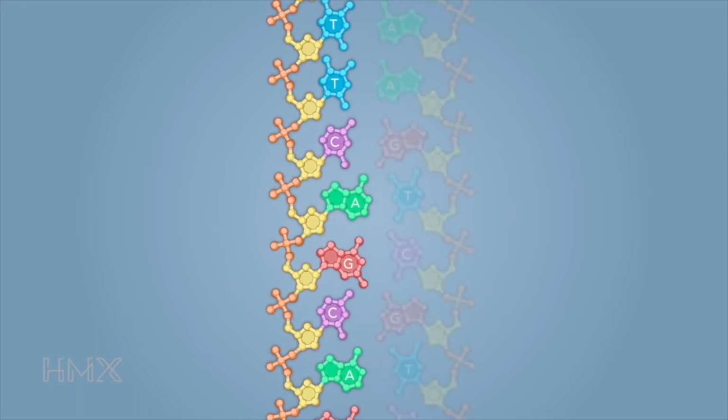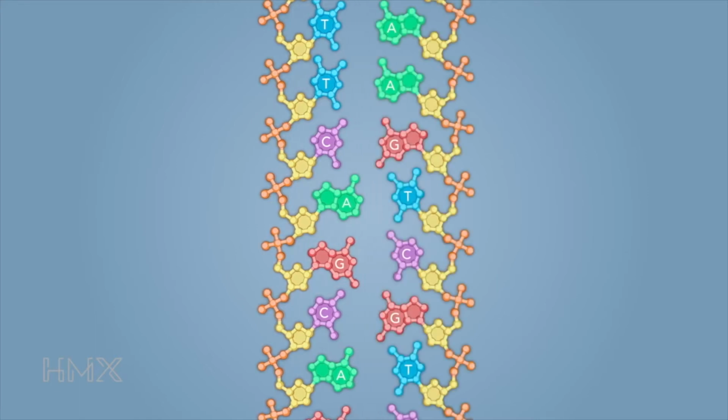The chemical properties of DNA allow bonds to form between the bases in order to create a double strand, with 2 hydrogen bonds pairing A and T, and 3 pairing C and G.